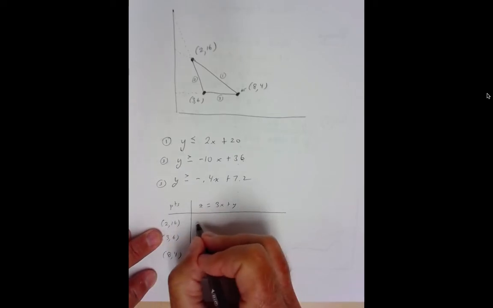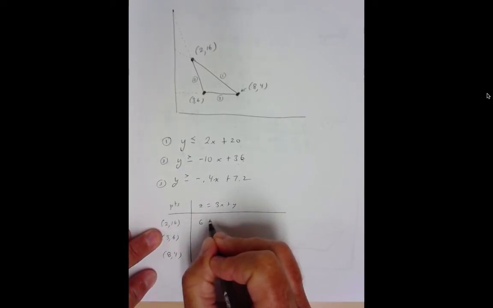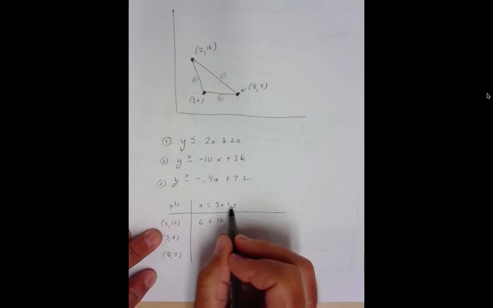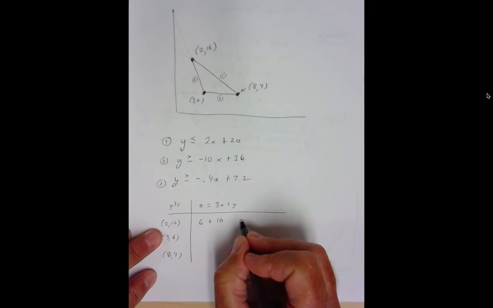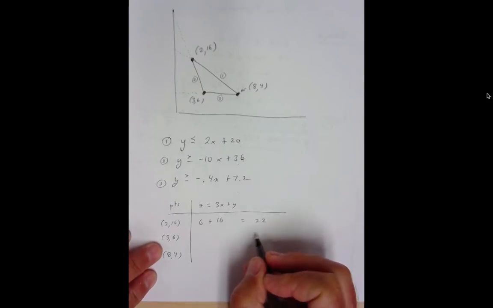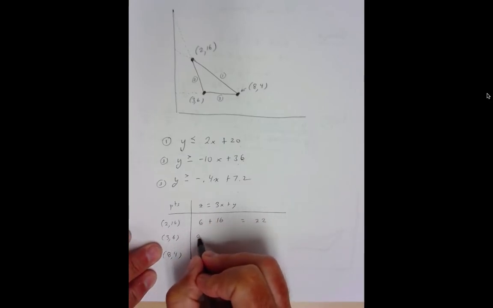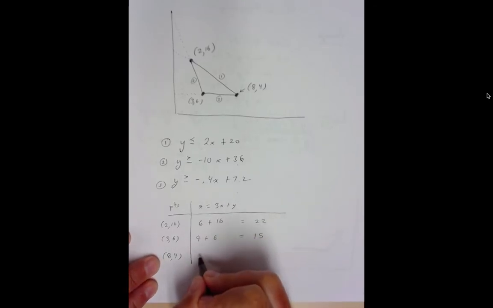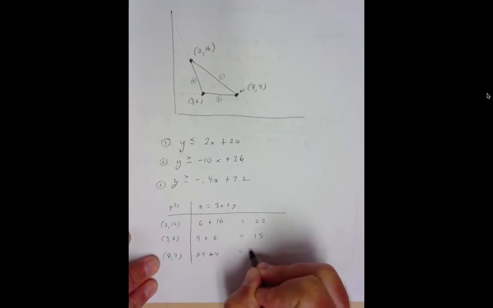So I'm going to have 6 plus 16, because 3 times 2, when x is 2, I get 6, plus my y value of 16, I get 22. Here I get 9 plus 6 is equal to 15. And here I get 24 plus 4 is 28.